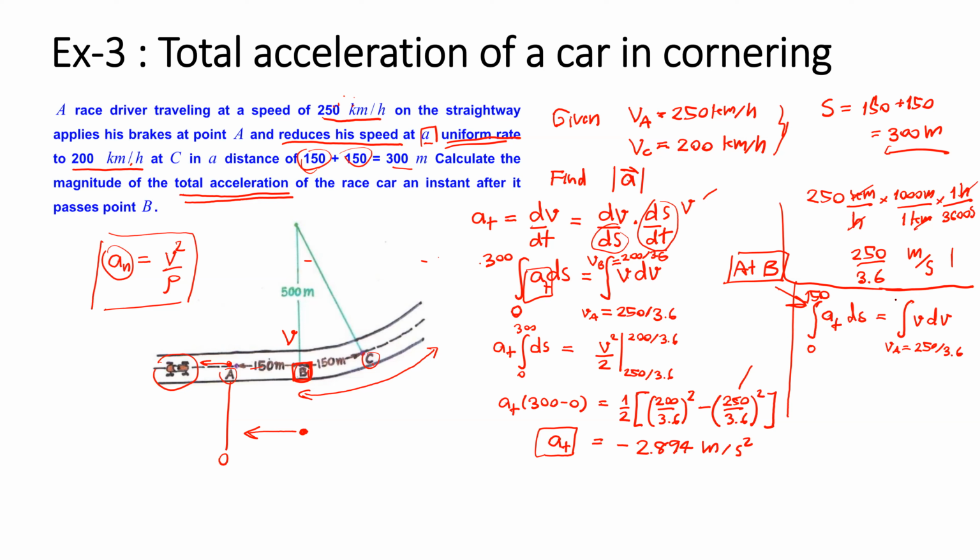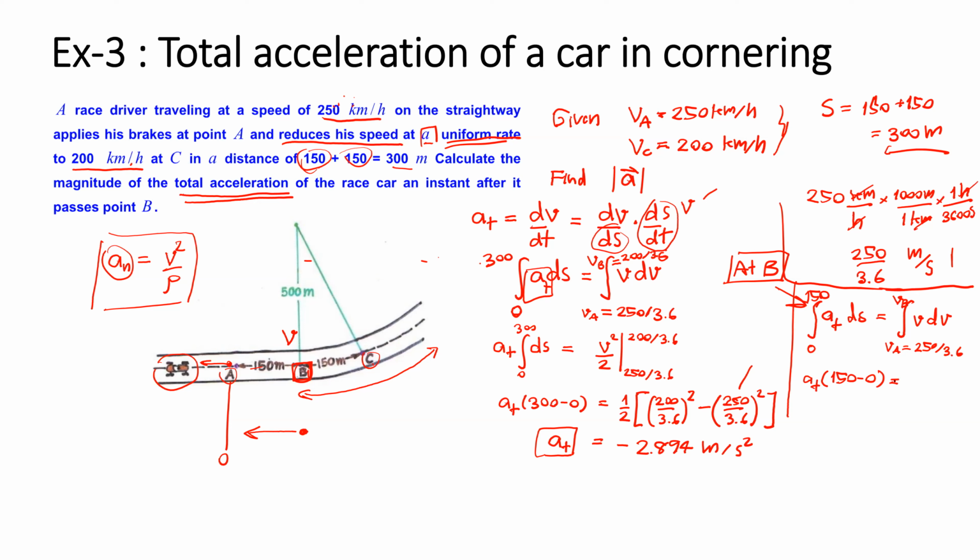But we still don't know the speed at point B. Now we already know that the AT, the tangential acceleration, is a constant, and in the integral, we have the AT multiplied by the change in the distance on the left-hand side.